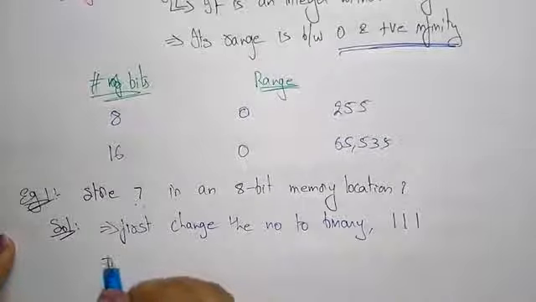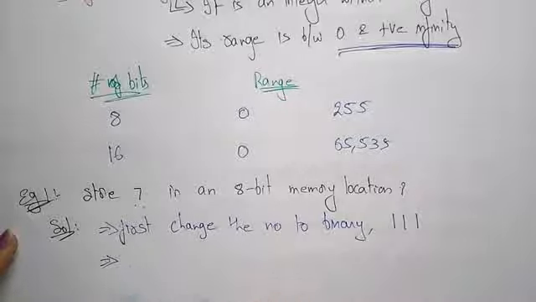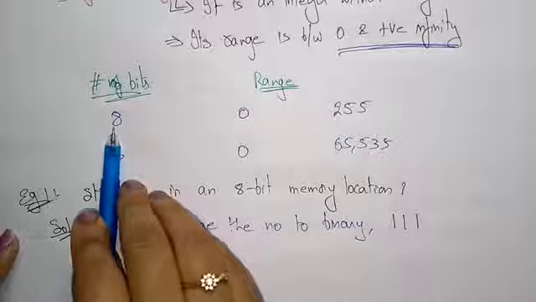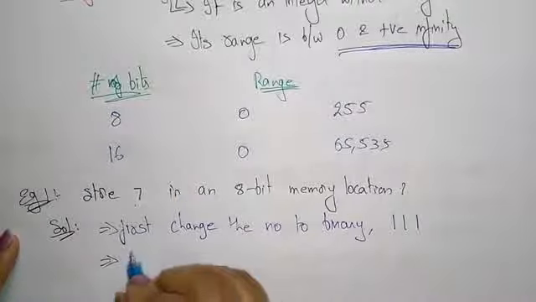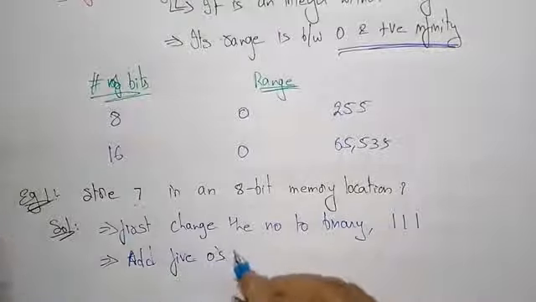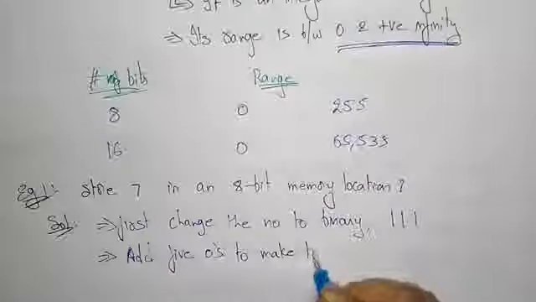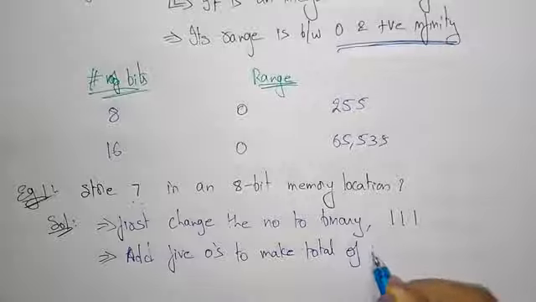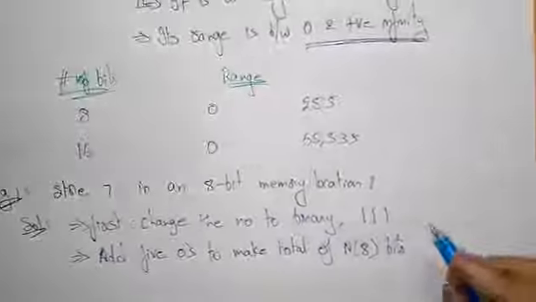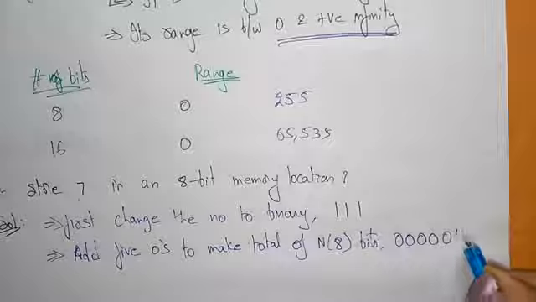Next, you have to add 5 zeros to make a total of 8 bits. To make it an 8-bit number, you add 5 zeros: 1, 2, 3, 4, 5, and then the 7.